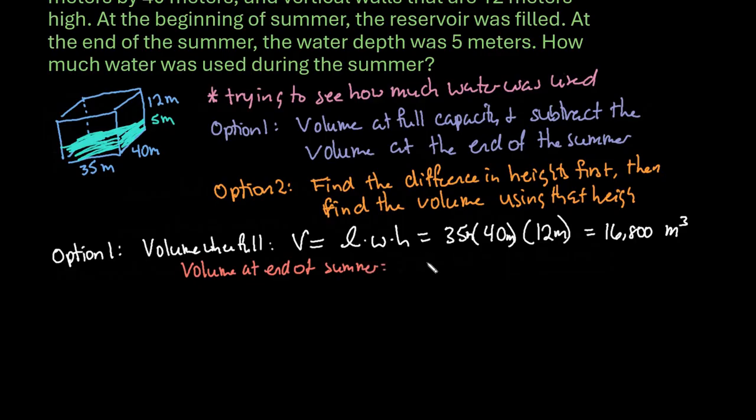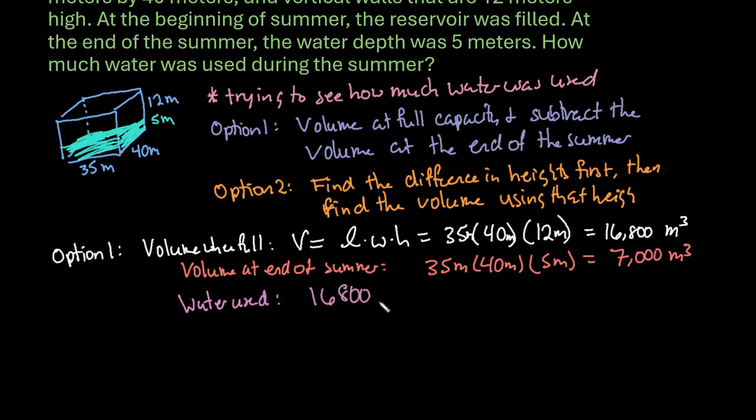Okay, we would then find the volume at the end of summer. We would do the 35 meters times the 40 meters times the 5 meters, which ends up giving me a total of 7,000 cubic meters. And then to find the water used, we would find the difference between these two.